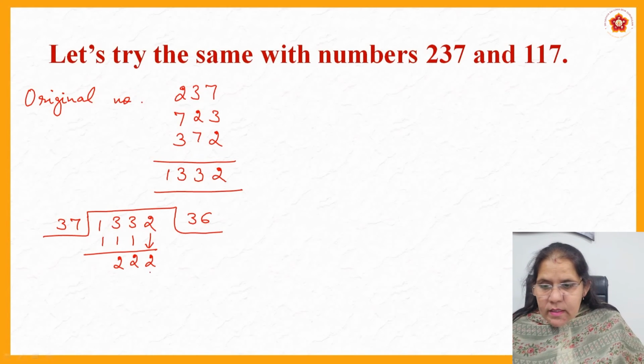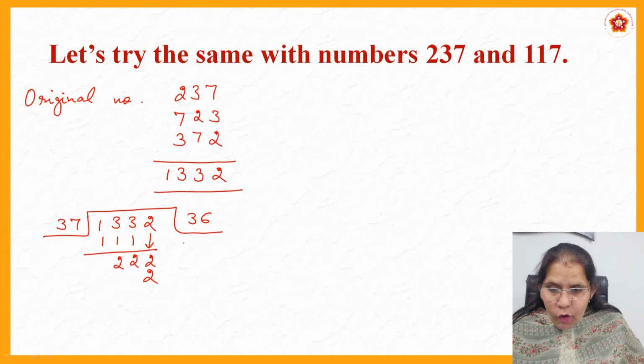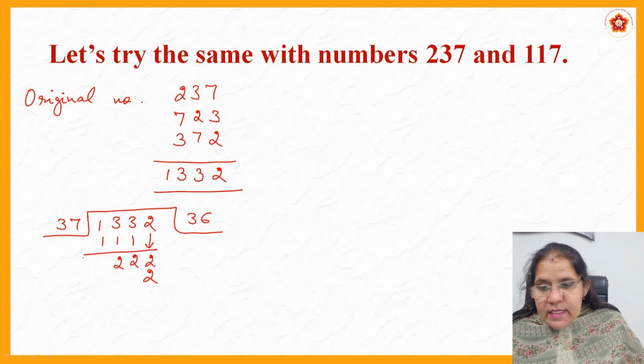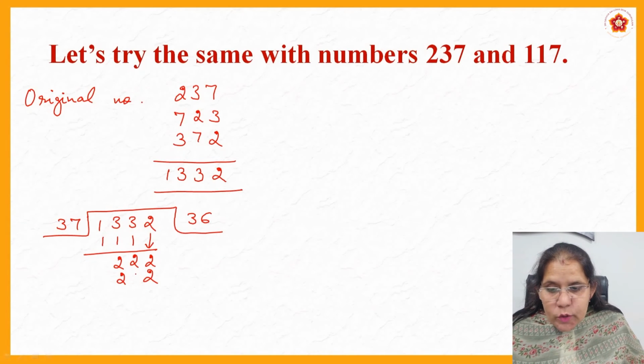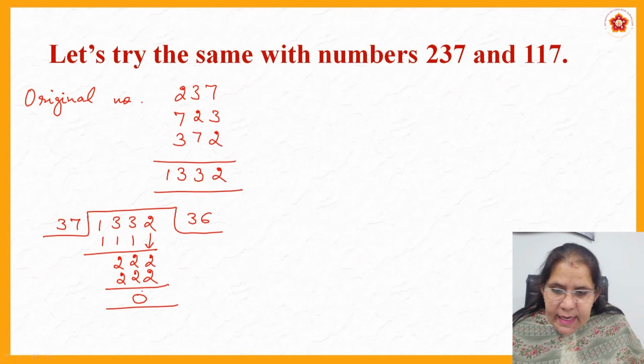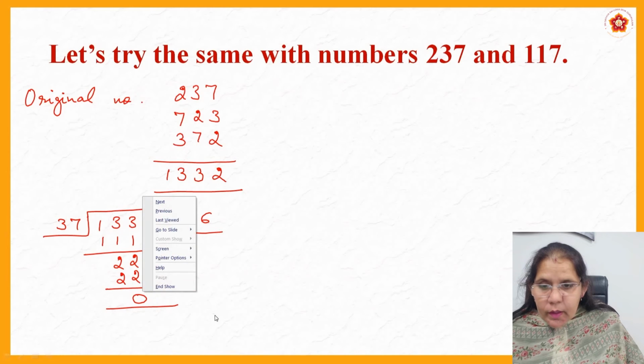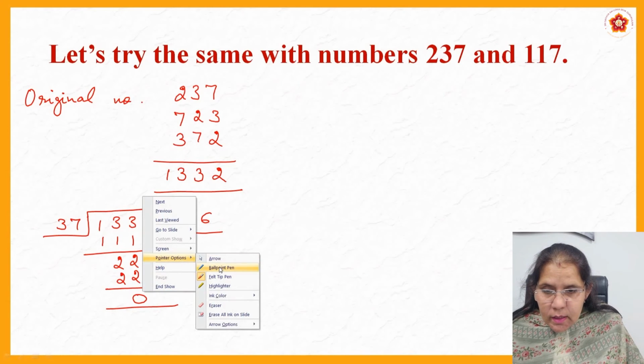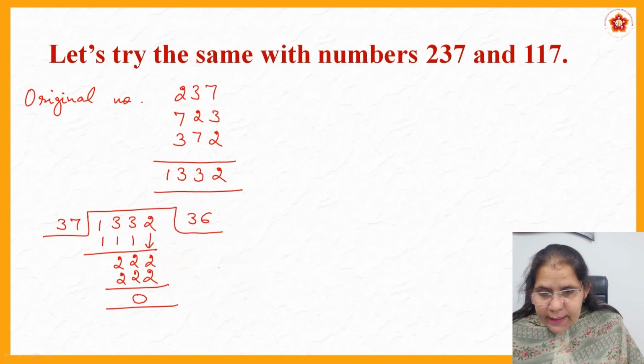Let's try with 6. 6 sevens are 42. 4 carry. 6 threes are 18. 18 plus 4 is 22. So our remainder is 0. So this trick is again validated.